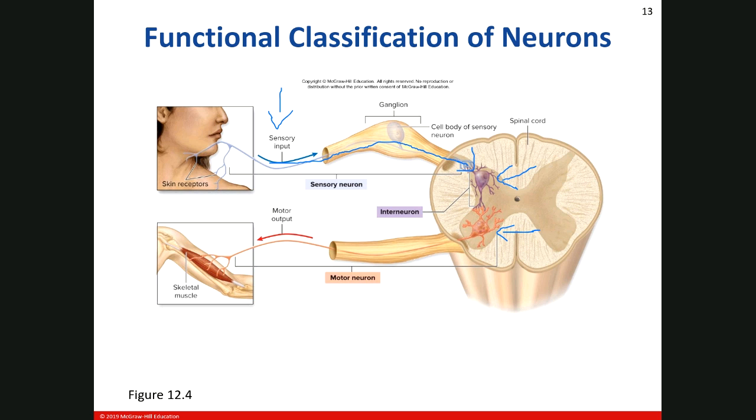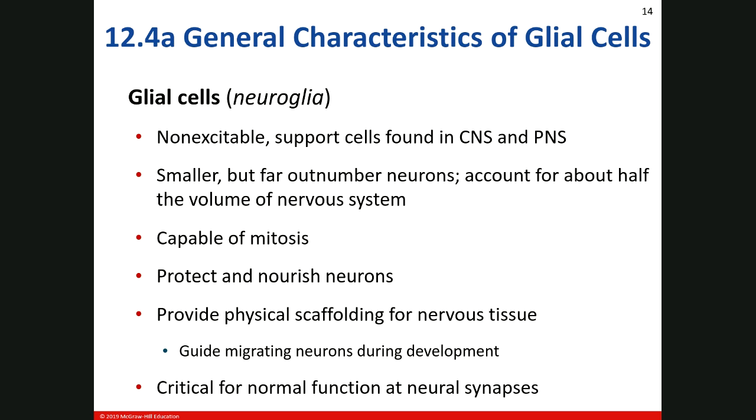So keep in mind, if nothing else, that sensory input goes from the periphery to the central nervous system, and motor output takes information from the central nervous system and brings it to an effector organ, muscle or gland.